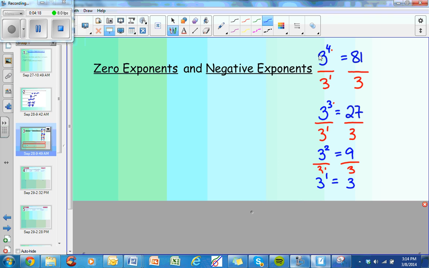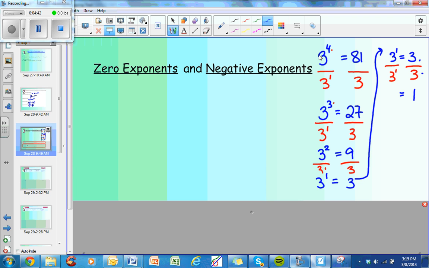Starting to run out of some space. So I'm going to recopy this up here as 3 to the first equals 3. Again, if I divide this one by 3 to the first, and this is where we get our 0 exponent, okay? So we know that 3 divided by 3 is 1.